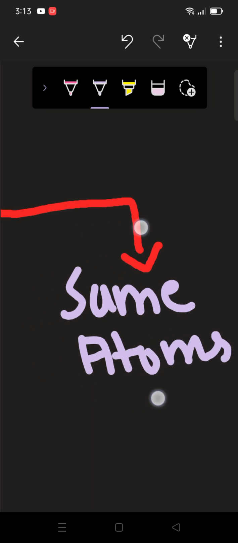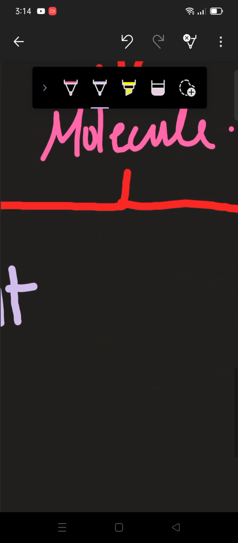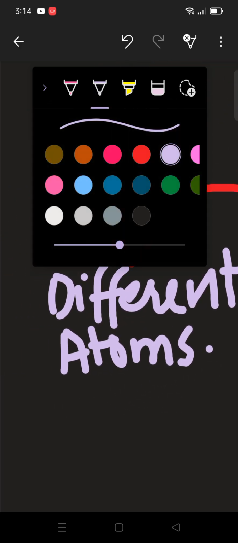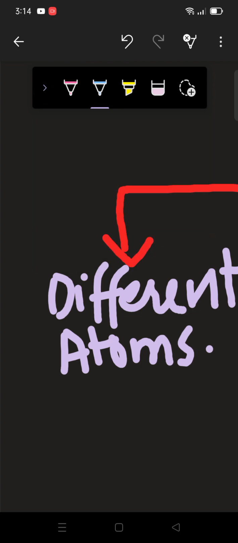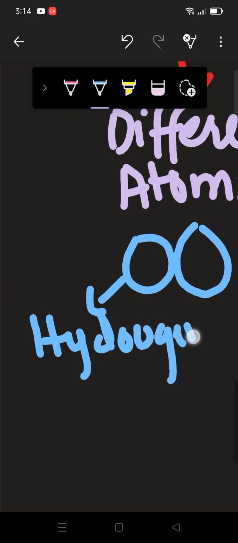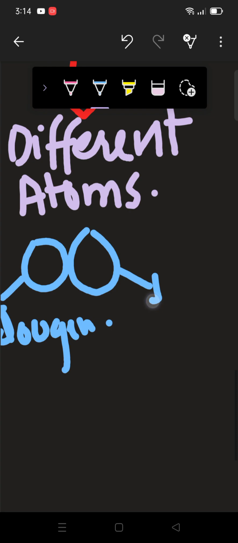So when different types of atoms combine together, they form a molecule as well. For example, I have two atoms, one of hydrogen and another of chlorine.